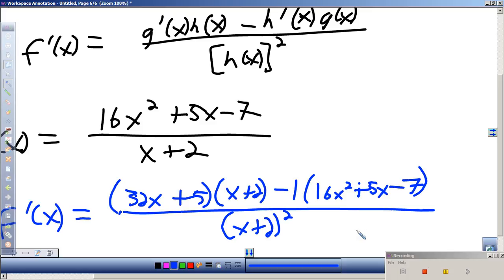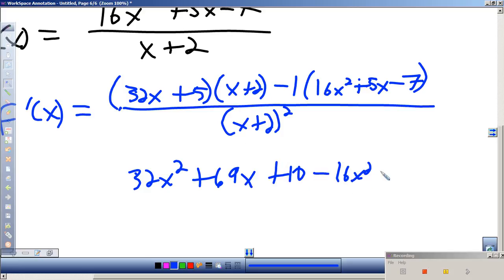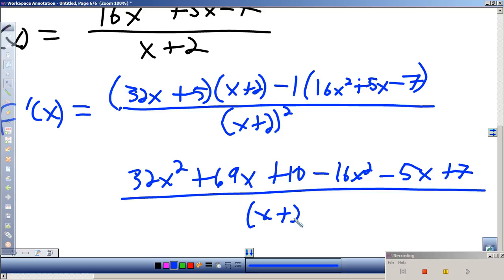Now for a problem like this, I think this is the easiest way to do it. It's not like the product rule, where you can distribute it out. This one is not really something easier. So, 32x times x gives us 32x squared. So 32x squared minus 64 plus 64 plus 5 plus 69x plus 10 minus 16x squared minus 5x plus 7, all over x plus 2 squared.